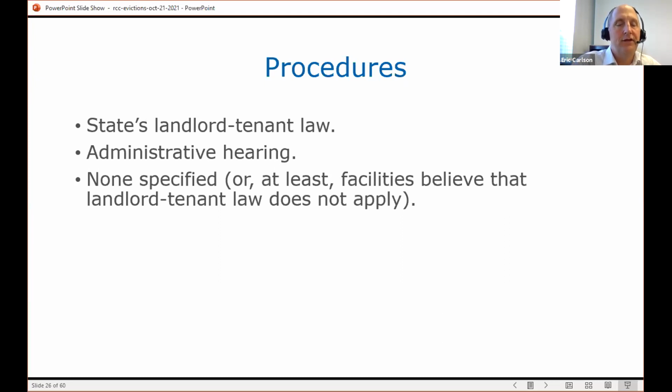In my experience, some states have criteria for transfer, discharge, or eviction, with generally skimpy state regulations that authorize eviction under a limited number of circumstances but don't specify a procedure of any sort. Next slide, please.